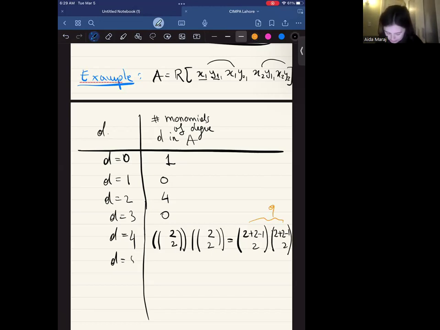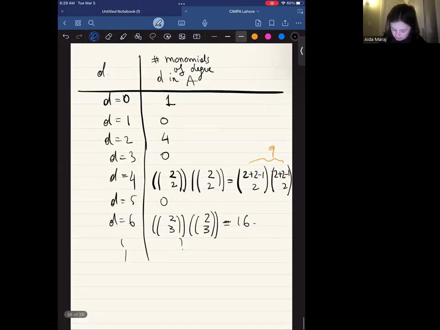So when d is 5, we have 0. When d is 6, how many do we have? Similarly to before, from 2 we choose 3 with repetition for xi's, and from 2 we choose 3 with repetition for yj's. So it's going to be exactly 16. And so on.